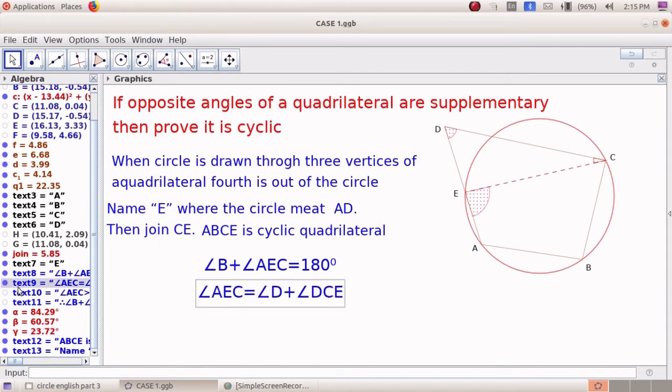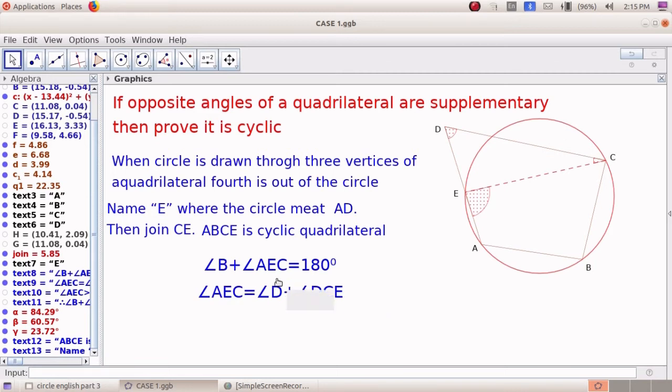Angle AEC will be equal to the sum of these two angles. Okay, now angle AEC equal to the sum of these two angles means this angle AEC will be greater than each one of these two. These are the components of angle AEC, therefore angle AEC will be greater than each one of these two.